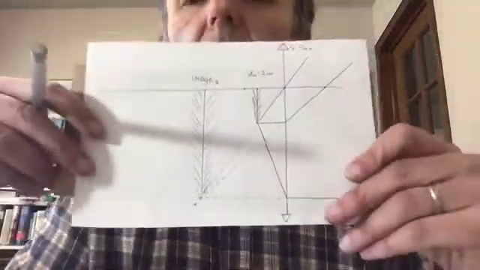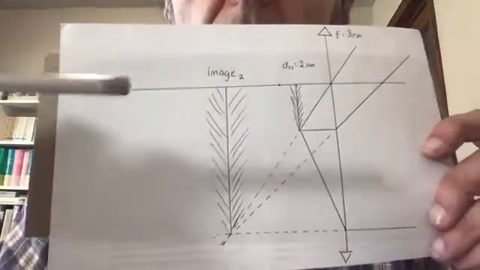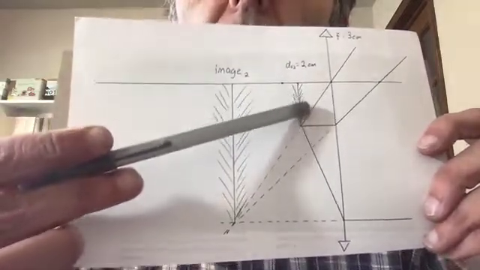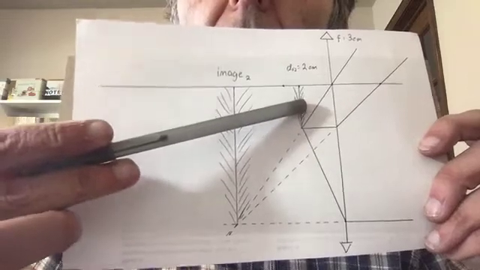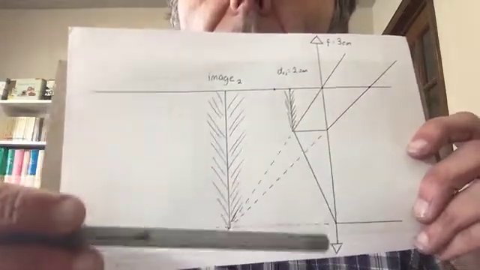I had to get a little bit larger paper. Sometimes these drawings get large. Okay, so here's our new object. It's the first image, so it's our second object. It's 2 centimeters away from the lens, which is a 3 centimeter focal length. So we have 3 rays.